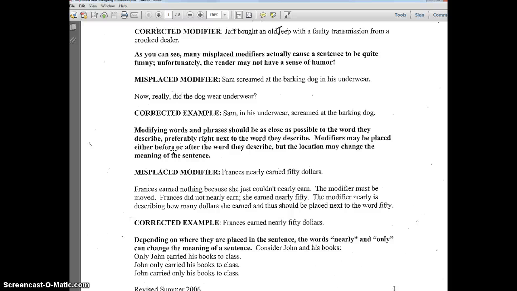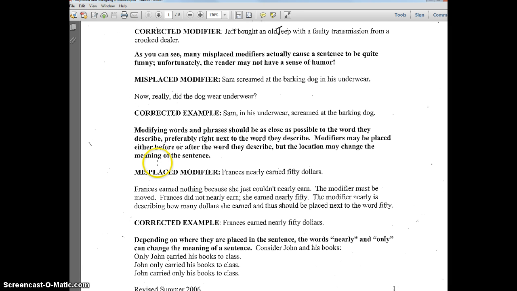The way it's written, Francis earned nothing because she just couldn't nearly earn. The modifier must be moved. Francis did not nearly earn, she earned nearly 50. The modifier nearly is describing how many dollars she earned and thus should be placed next to the word 50.